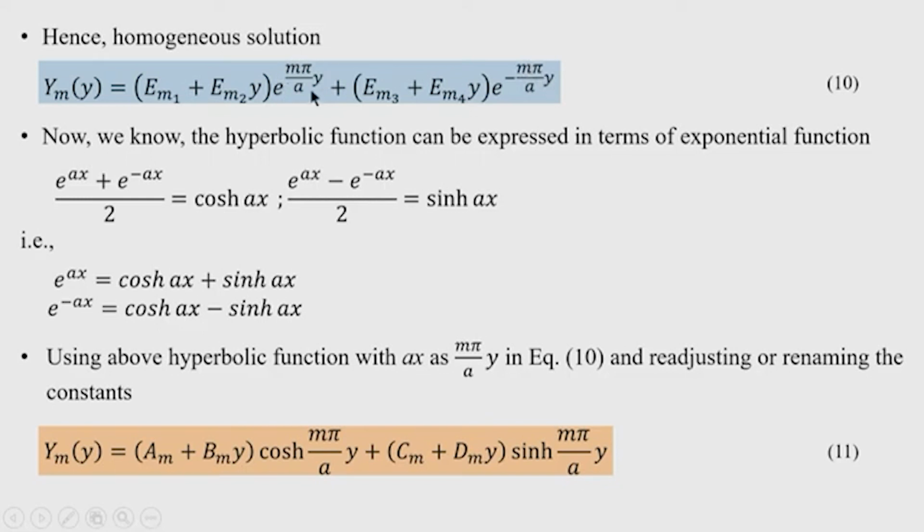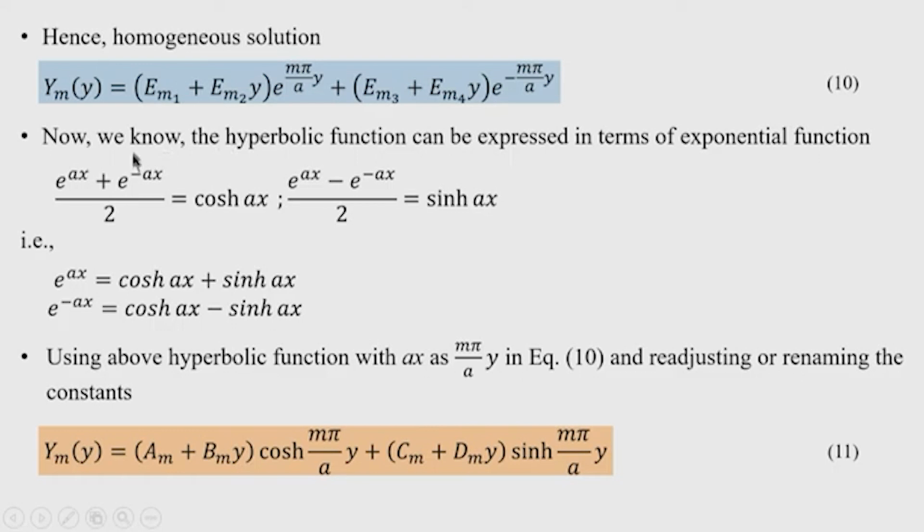You can see this is the repeated root m pi by a, and minus m pi by a is also another repeated root. So, because of these 2 repeated roots, we have written the solution like that. If the roots are not repeated, then individually the exponential function will be associated with each of these constants, and there will be no variable y. Okay.